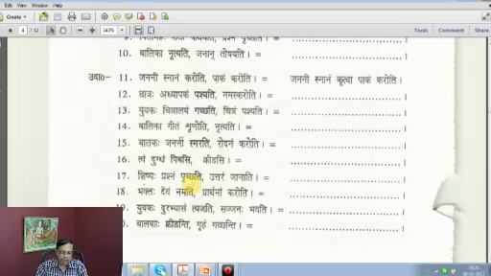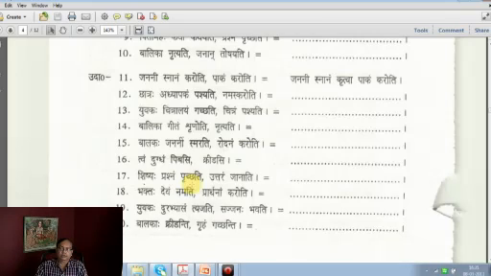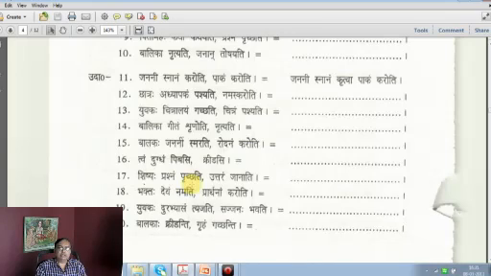So how do we combine this? Shishya Prashnam Prushtva Uttaram Janati. So Pruchhati changes to Prushtva here.